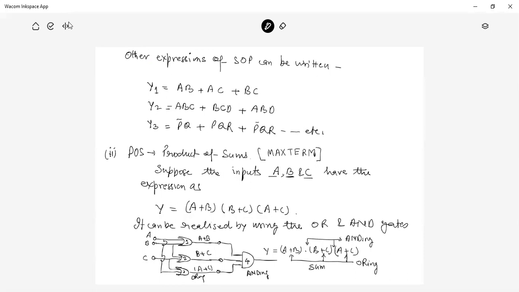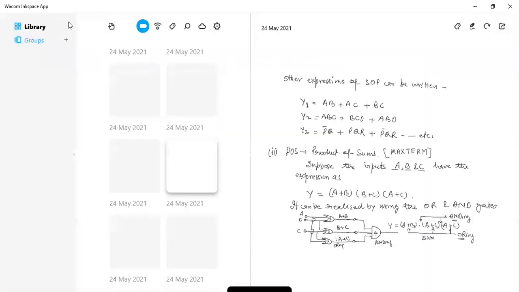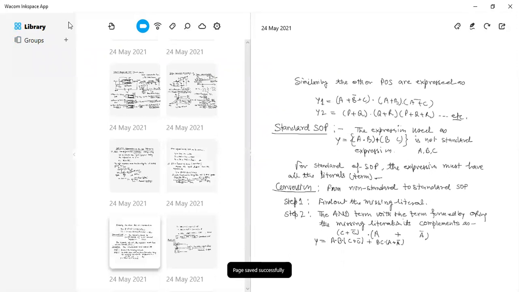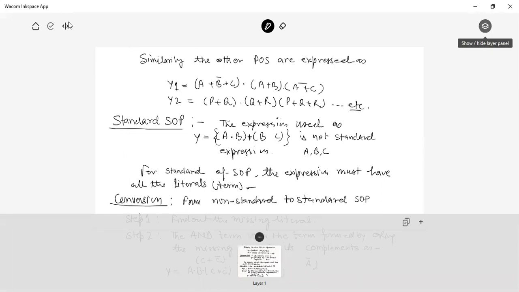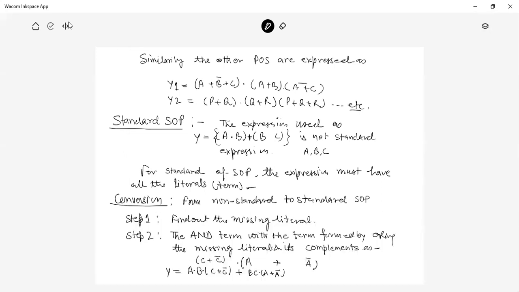So there are the summing, that is ORing, and here the multiplication, that is the ANDing. Similarly, several expressions can be written in terms of POS, something like y is equal to (A plus B bar plus C) into (A plus B) into (A bar plus C), or another expression like (P plus Q) into (Q plus R) into (P plus Q plus R).